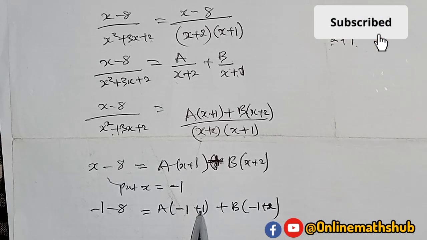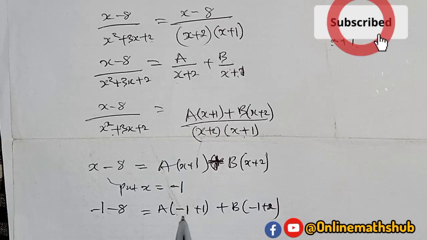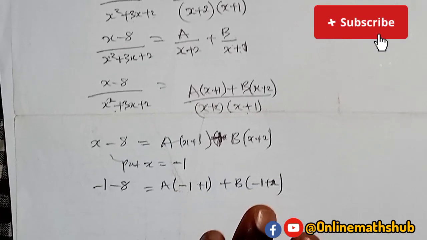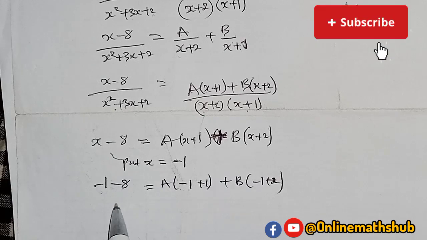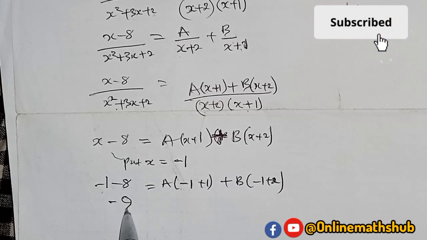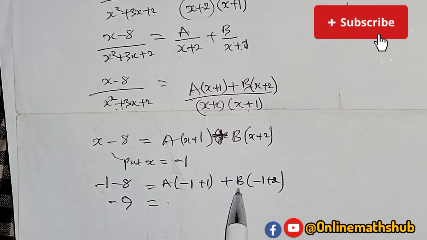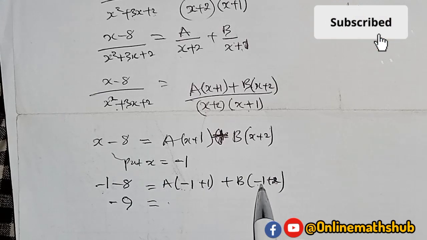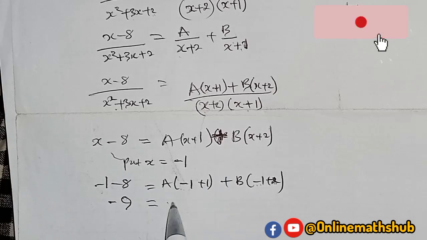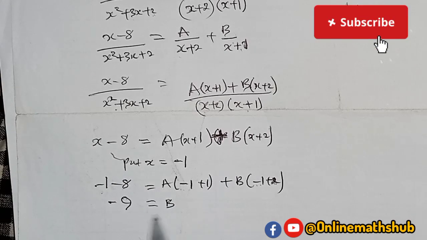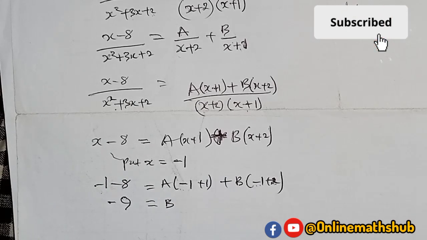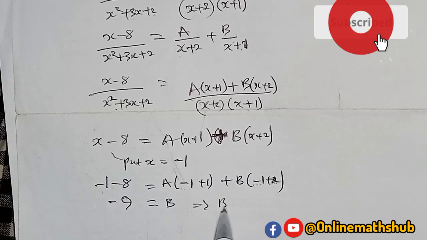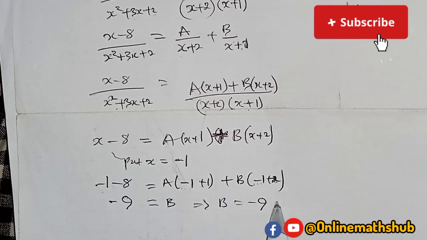You can clearly see that minus 1 plus 1 is 0, and 0 times A is 0. So minus 9 is equal to B times 1, which implies that B is equal to minus 9.